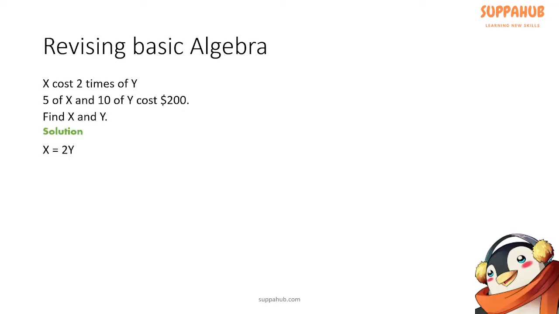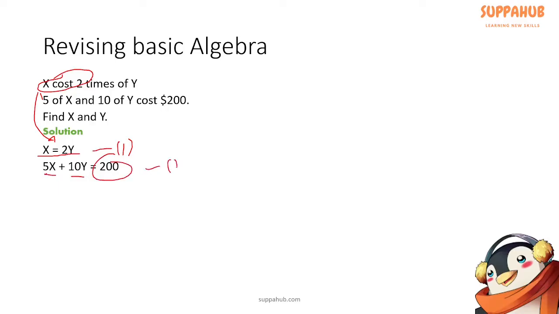So the solution, you have this equation here, which basically comes out with this, right? You have x costs 2 times of y, so x equals 2y, that's your equation 1. Then you have 5 of x plus 10 of y equals $200.